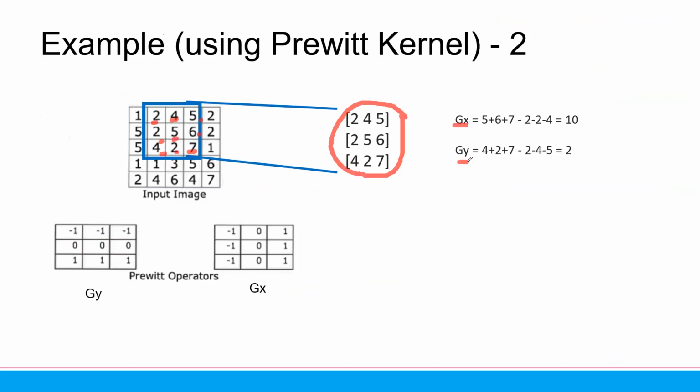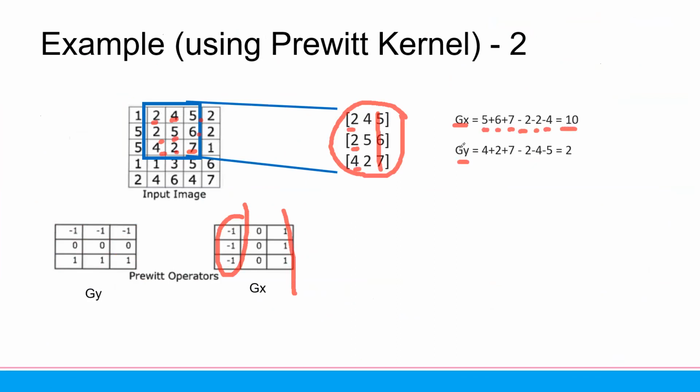What is Gx? We have 1, 1, 1 on the right, so it means 5 plus 6 plus 7. And then we have minus 1 on the left. Then we have 2, 2, 4 as the negative: minus 2, minus 2, minus 4. Okay, we have 10.